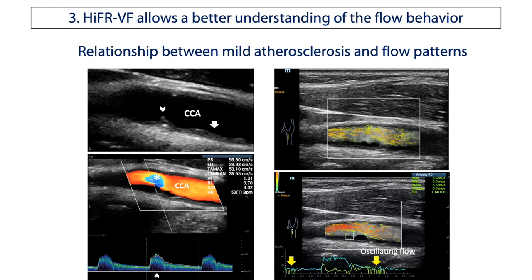In this case, V-flow shows laminar flow before the plaque, eccentric maximum velocity vectors, and the large complex flow along the opposite wall, where oscillating flow, indicated by the yellow arrows, is evident.